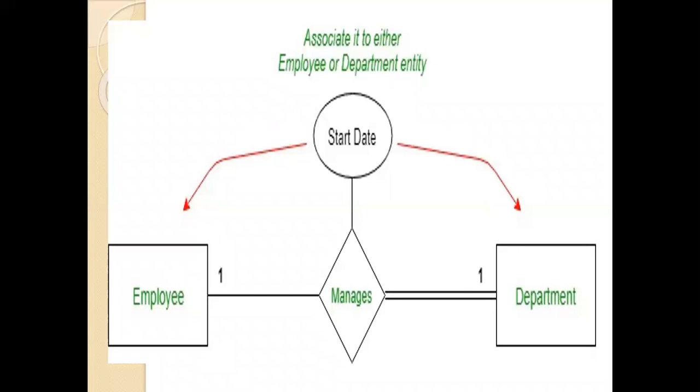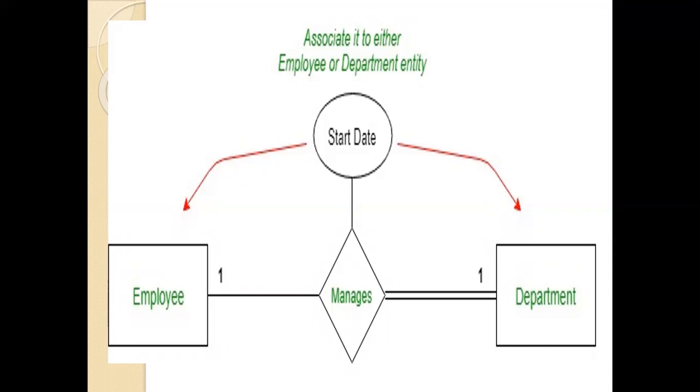So now here, between employee and department, I have a relationship, Manages, that is, an employee manages the department. So one of the employees is the manager of the department. While joining the department, he might have joined as an employee, but with progress, the employee might be promoted to manager.